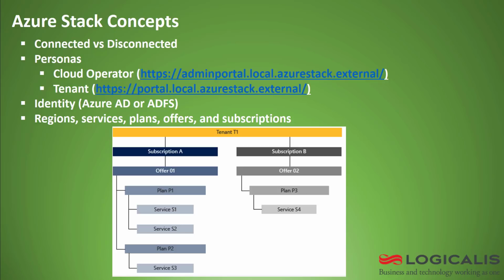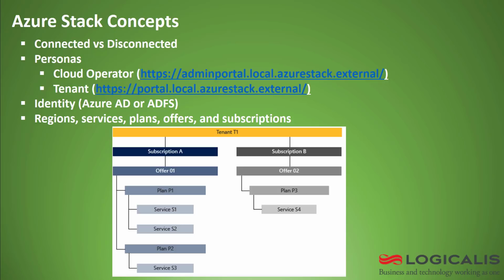Then comes the identity, which is an important and integral part of any solution that we put together. When we talk about identities, if you're using a connected Azure Stack, then Azure AD is your identity source; authentication, identity, and authorization are all managed by Azure AD. So to deploy a connected Azure Stack, you need an Azure Active Directory.